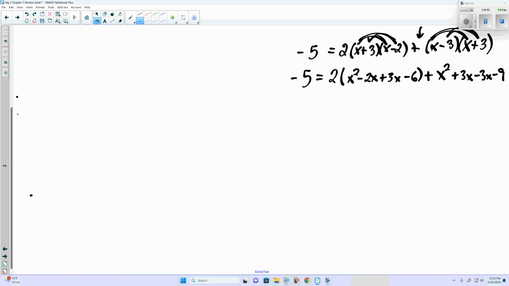Now, before we do any multiplications with the 2, it's going to be helpful to combine like terms inside the parentheses here, giving us x squared plus x minus 6, because our negative 2x plus 3x would be just positive 1x. Outside the parentheses, our 3x and negative 3x is 0, leaving us with x squared minus 9. Questions on how we got to this point here?